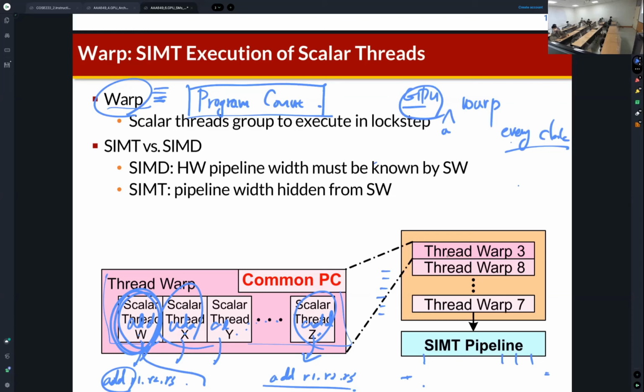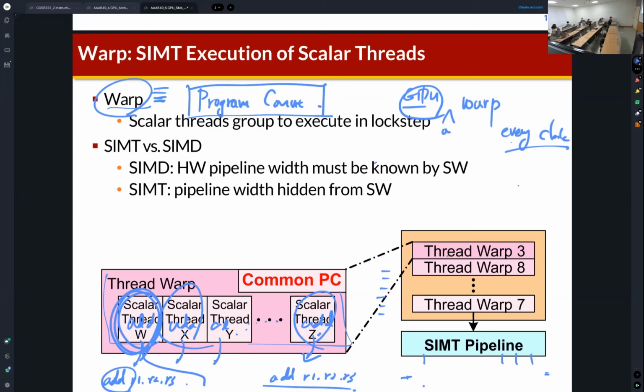That is the CPU's execution model, which we learned in previous classes, but the GPU is different. The GPU's execution model is SIMD, which means it executes a single instruction on multiple data.